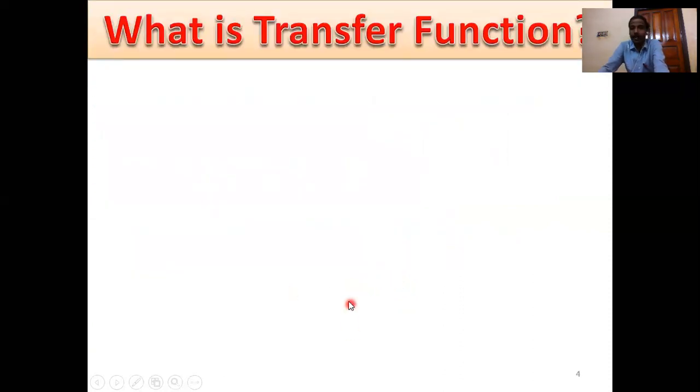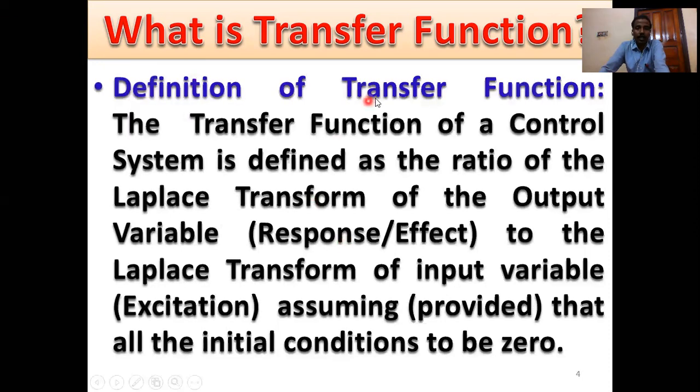Then what is transfer function? Already discussed in the previous lecture: Laplace transform of output divided by Laplace transform of input, provided all initial conditions are zero, is called transfer function. So this is the definition of the transfer function.